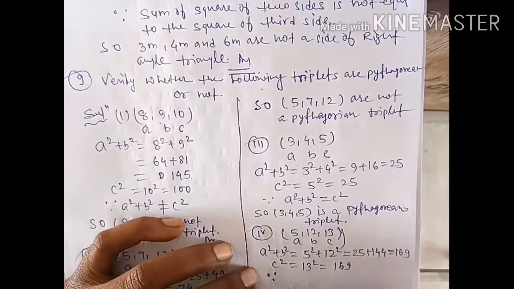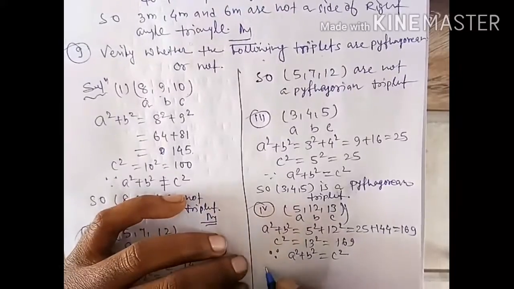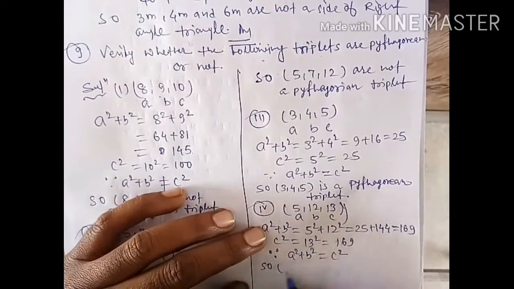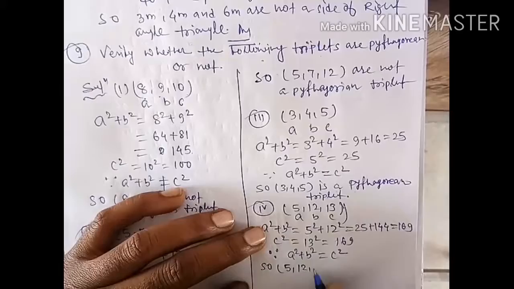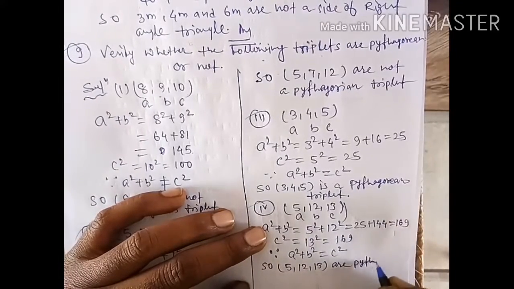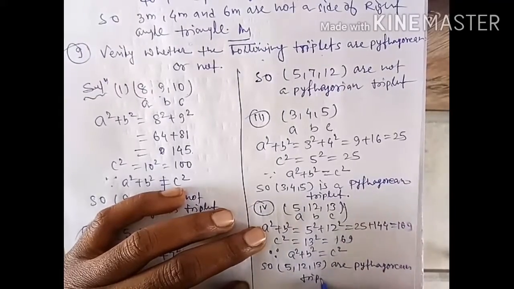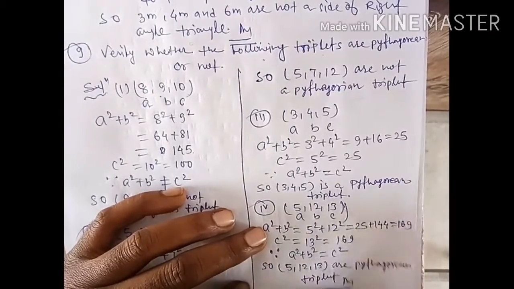Since A square plus B square is equal to C square, the sides 5, 12 and 13 are a Pythagorean triplet. This is the answer.